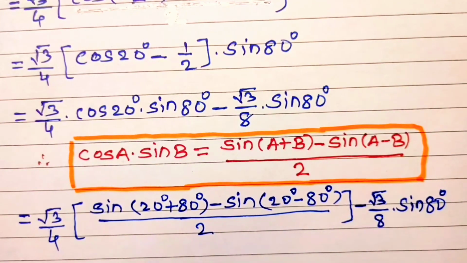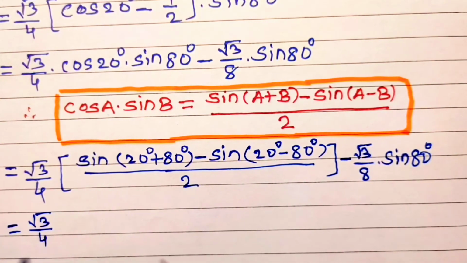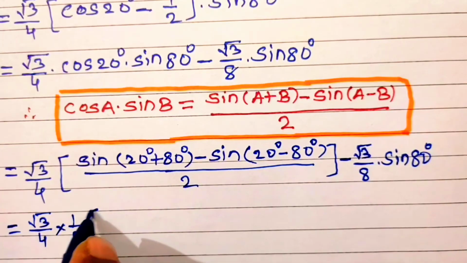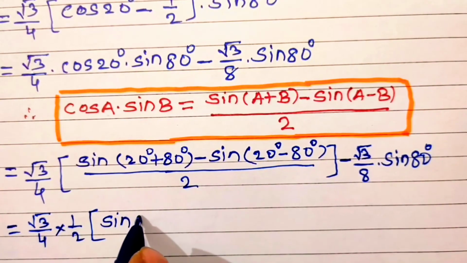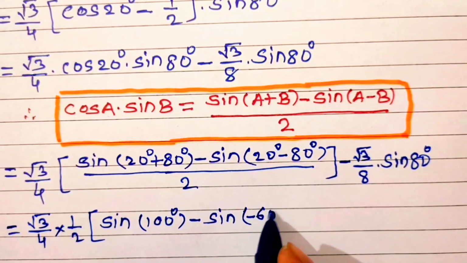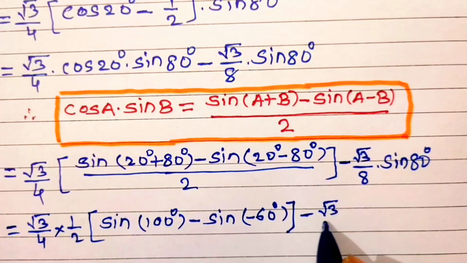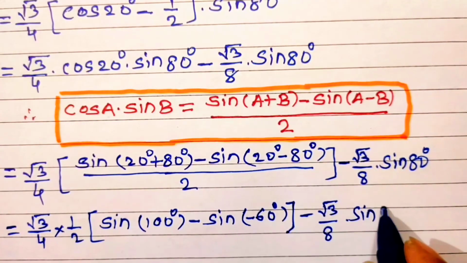Again simplify this. This is equal to root 3 divided by 4 into 1 upon 2 into bracket sine of 100 degree minus sine of minus 60 degree, bracket close, minus root 3 divided by 8 sine of 80 degree.